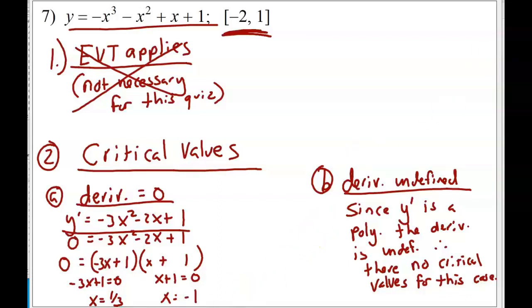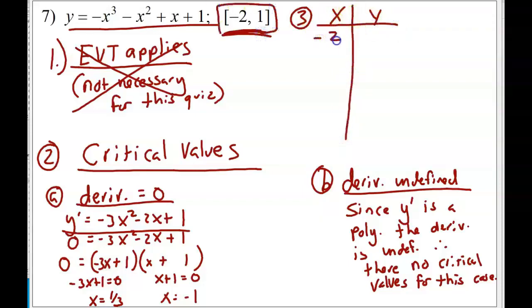All right, so the next thing that we do is we go ahead and set up our table. Now, you always want to start with your endpoints. So put your lowest endpoint on top, your highest endpoint on the bottom, and then squeeze these in between in order.